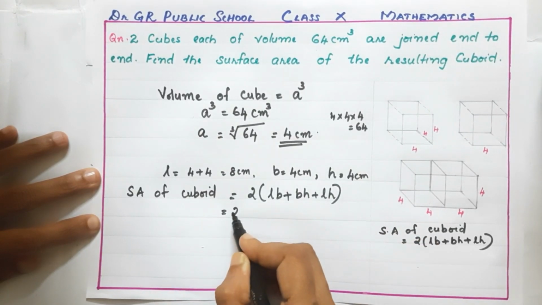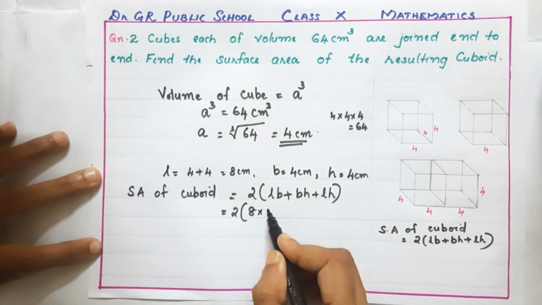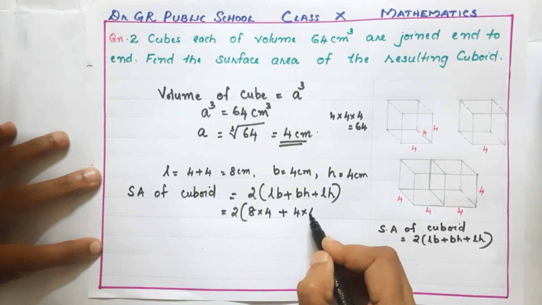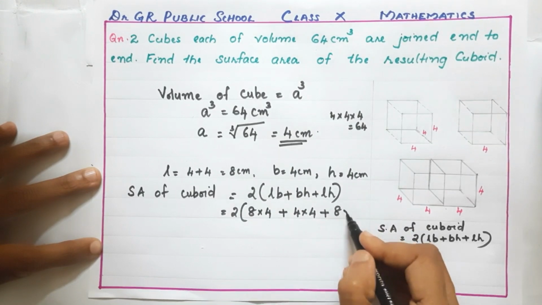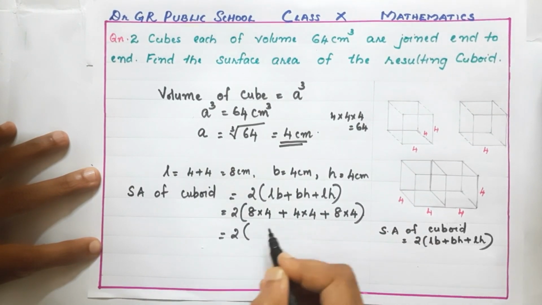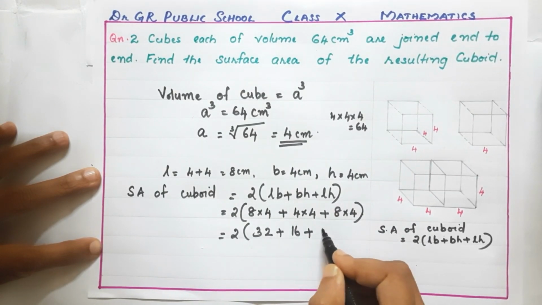It is 2 into, what is L? 8 centimeter. 8 into 4 plus BH, 4 into 4, plus LH, 8 into 4. It is equal to 2 into (32 plus 16 plus 32).